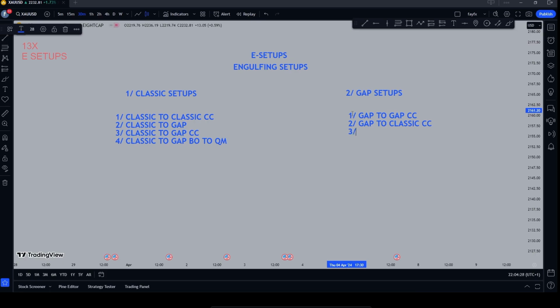Third one, gap direct breakout. Fourth one, gap hidden CC. Those are the 8 entries we learned till now.